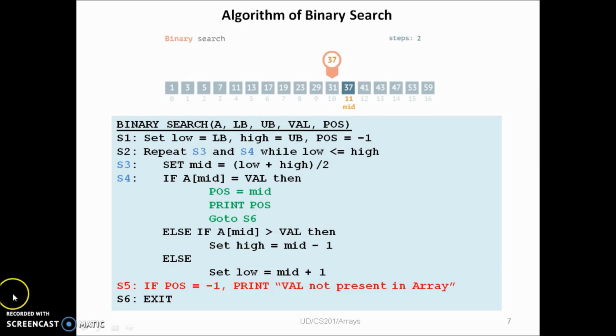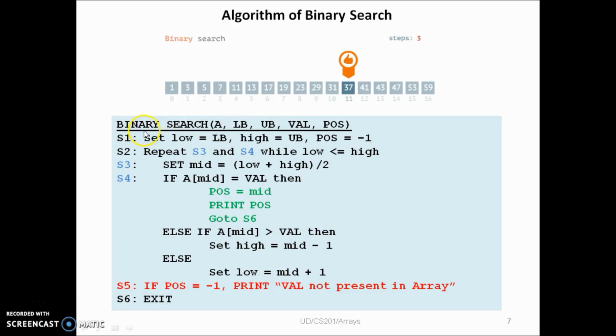So here for the binary search, we are using the array parameter, and the first index, which is 0, for the LB, lower bound, and the upper bound is for the last index position, which is 16 in this particular example, and val indicates the value to be searched, which is 37 for this example, and POS is the output parameter where the position of the array element, where the match has been found, is to be populated.